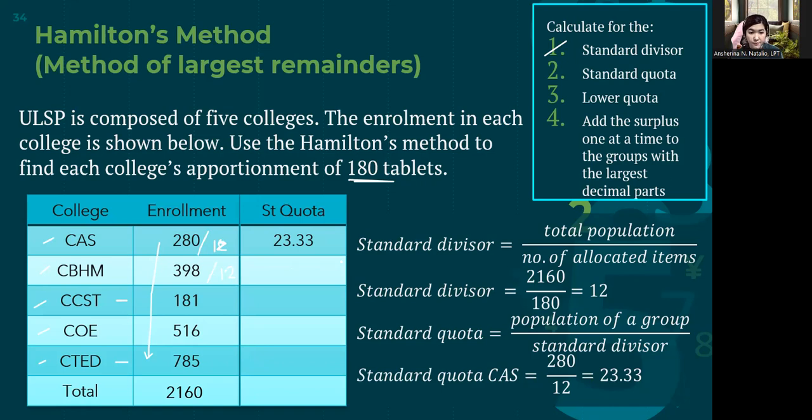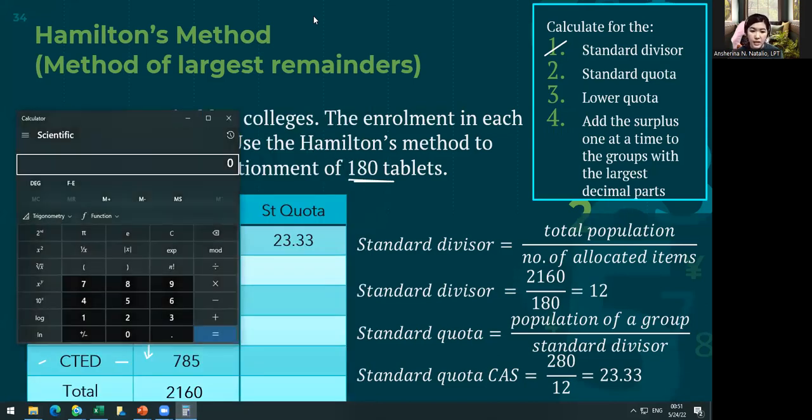398 divided by 12. So, you might need to use your calculators, no? Okay, I'll just share this one so that you can see my calculator.